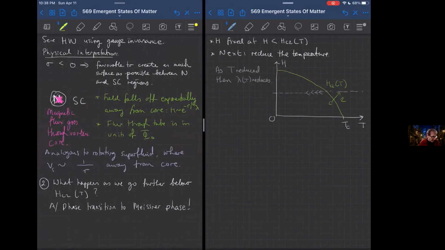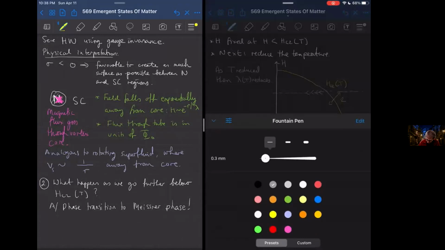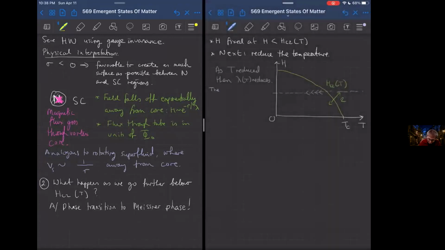So that means that the negative energy, this is a double negative coming up, so just watch out for that, the negative energy associated with the domain wall between normal and a superconductor is going to become less negative.